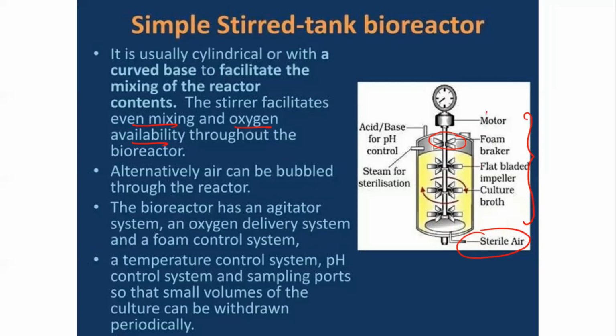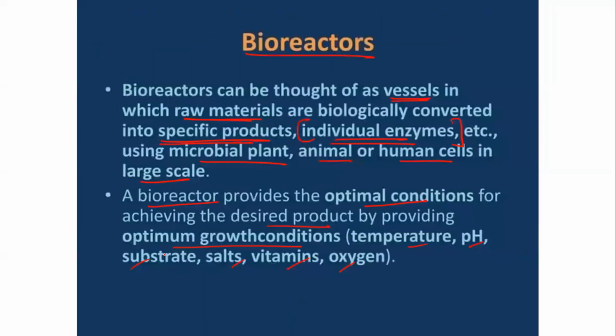Okay, so they have a motor, they have an agitator, an oxygen delivery system, a foam control system, a temperature control system, a pH control system, a sampling port so that small volumes of the culture can be withdrawn periodically. So as I mentioned, they have to provide optimum growth conditions. Everything should be under a controlled system.